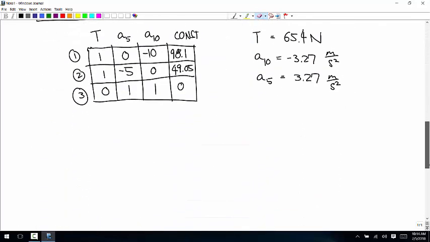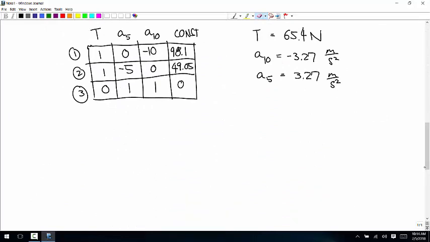Okay, part B. Now this is the sort of weird one. We'll see that if you think about it in terms of relative motion, it's pretty easy to think through.